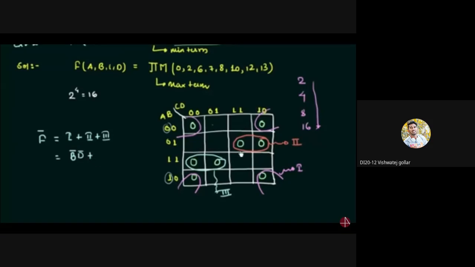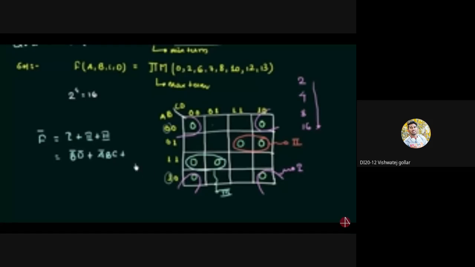Similarly for the second group, A complement B, because A and B are the same, and you can see that D is changing from 1 to 0. And C is 1, so we'll write C here.